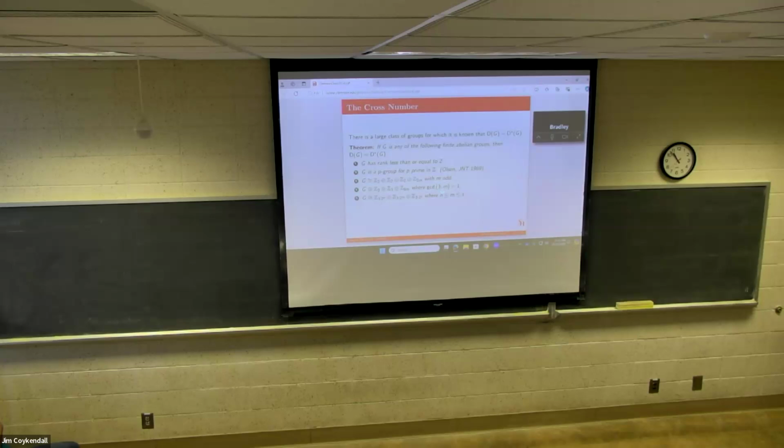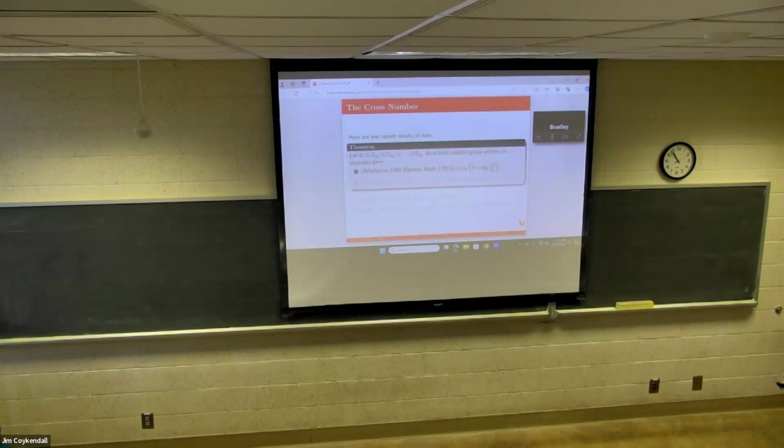That might be a hint as to where this Dutch guy got the counterexample, because it would be like the next index out: Z3 plus Z3 plus Z6M, where the greatest common divisor of 3 and M is 1. So you could get on MathSciNet and find 20 papers and keep this list going. But again, in general, the problem's open, but there's been a lot of work done on it.